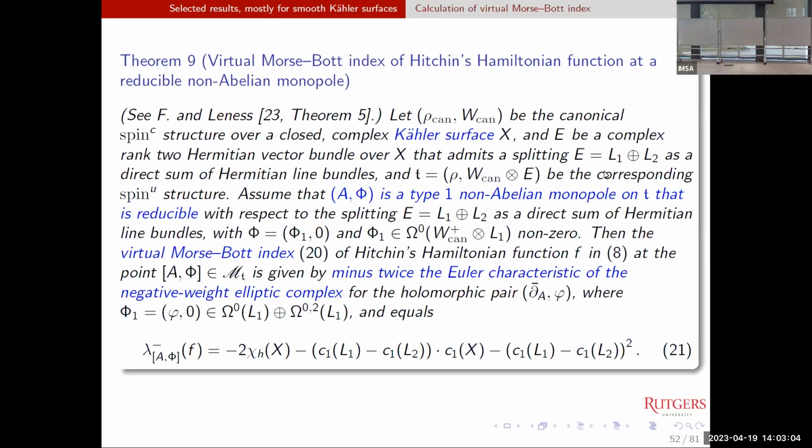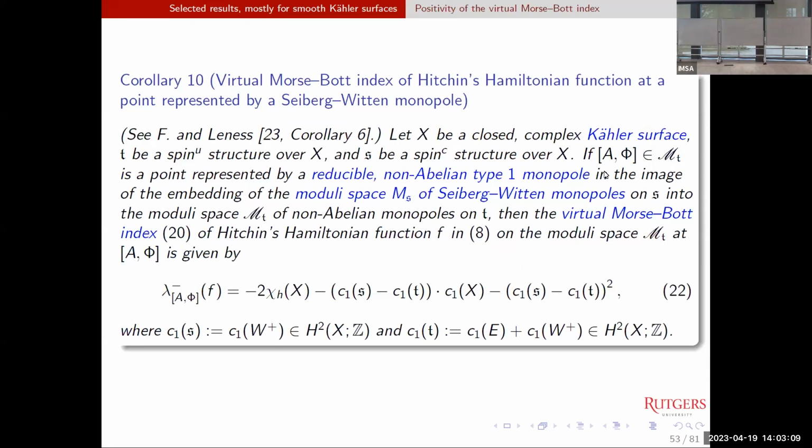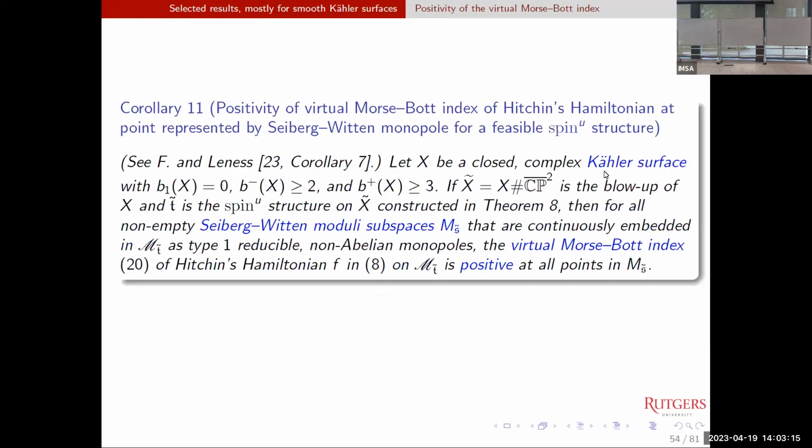So what we show using these calculations is that, first of all, this virtual Morse-Bott index is computable using the formula, and also in the setting that it's positive.